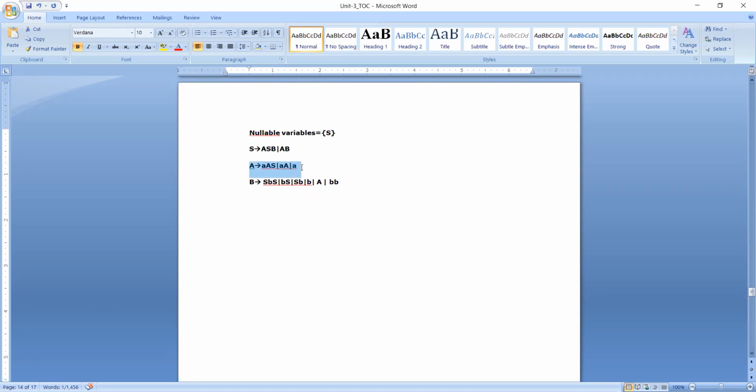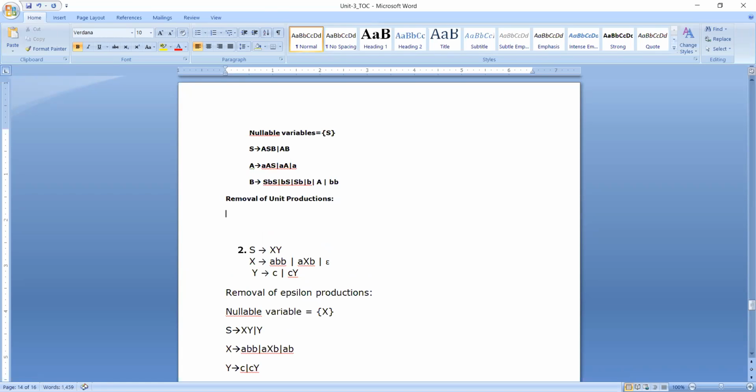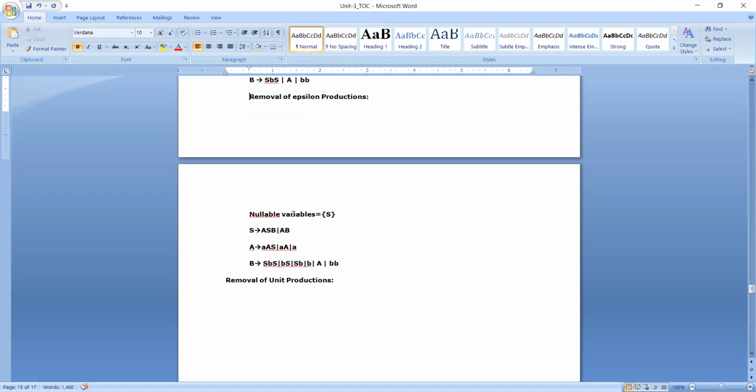Please check whether any unit production is available inside this grammar. Now we go for the removal of unit productions. Let us write one by one. We have S derives to capital A, capital S, capital B, or AB.